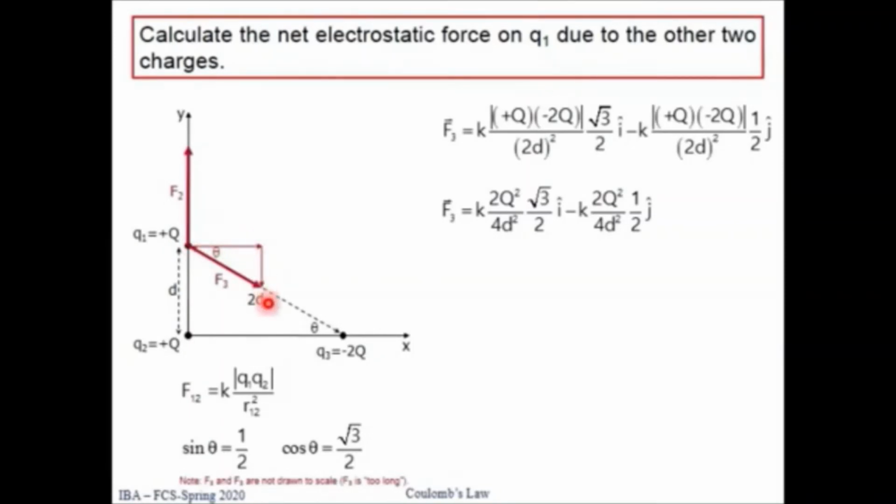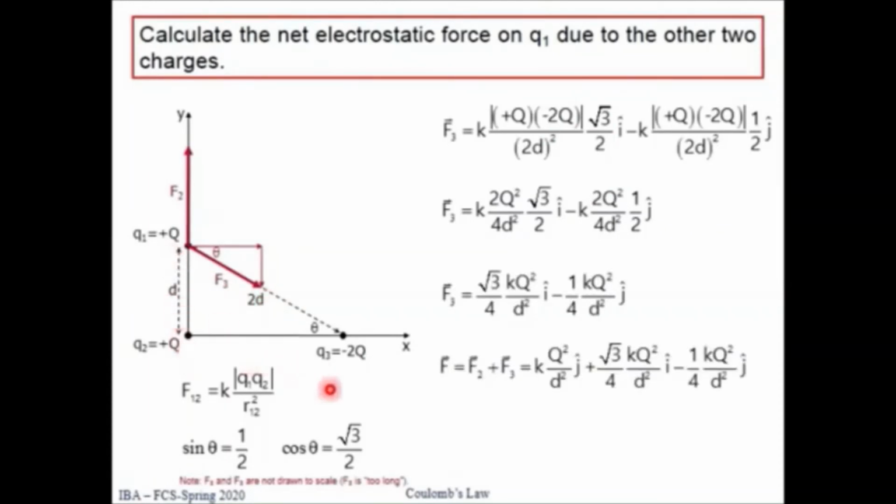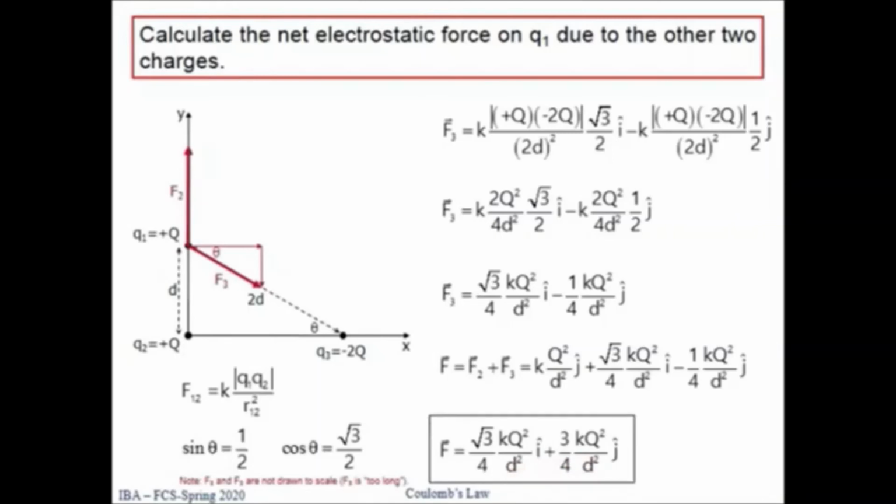Let me add both vectors F2 and F3, and then we'll get the force on Q1 due to these two charges Q2 and Q3. This is just addition algebra. You can just add up vectorially, and finally we will have a force that has two components, an x component and a y component. So this is our final result.